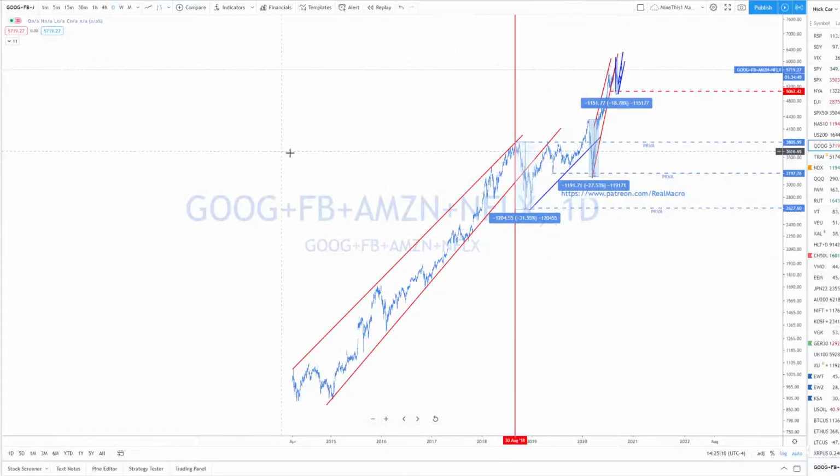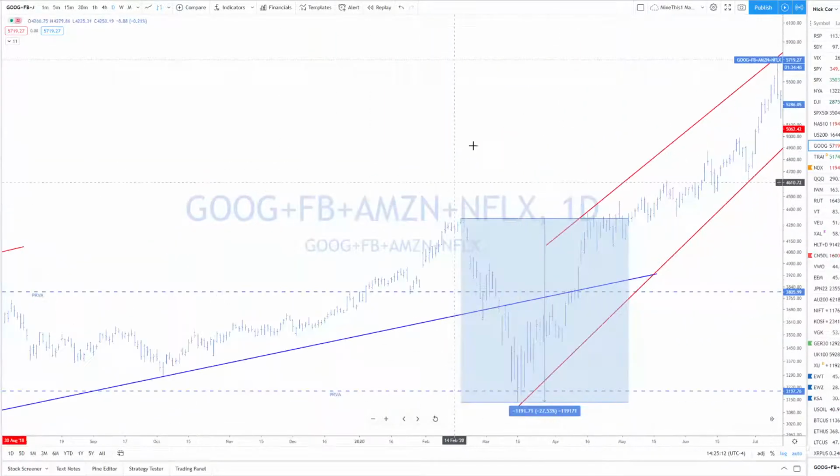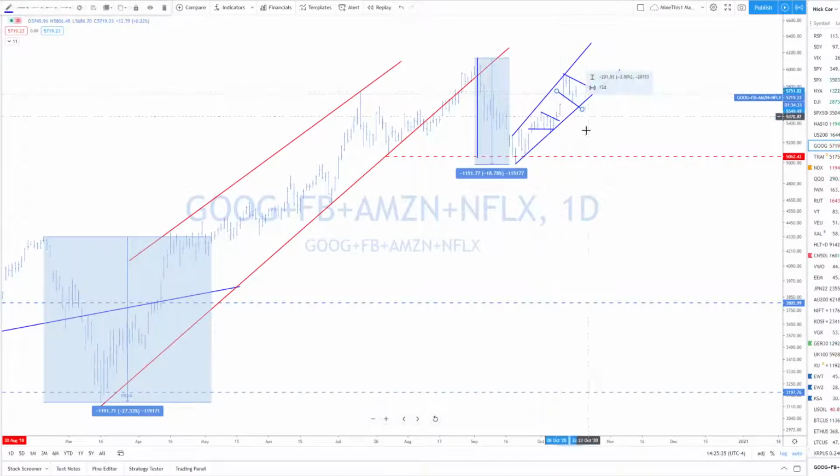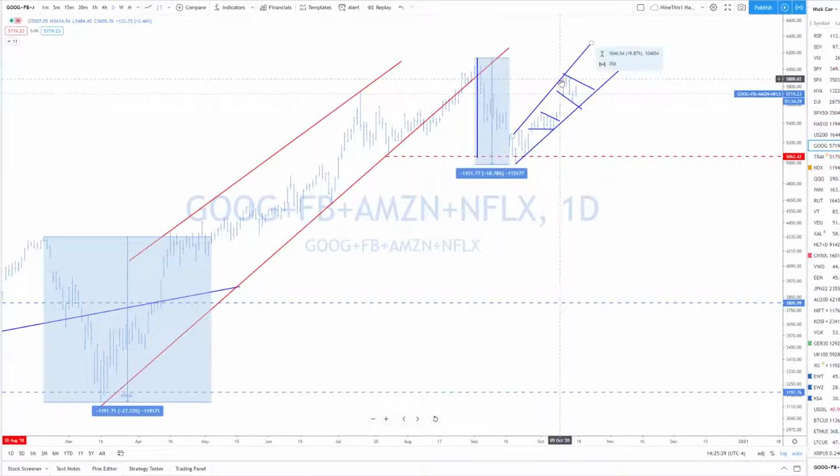Let's take a look at the market leaders, the FANGs. Okay. Breaking down. So now this will become the resistance area. Just set it up. Okay. So thrust, flag.